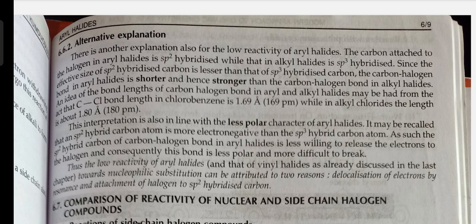An idea of the bond length may be had from the fact that the C-Cl bond length in chlorobenzene is 1.69 angstrom, while in alkyl chloride it is 1.80 angstrom. This interpretation is also in line with the less polar character of aryl halides. Thus, the low reactivity of aryl halides towards nucleophilic substitution can be attributed to two reasons: delocalization of electrons by resonance and attachment of halogen to sp2 hybridized carbon.